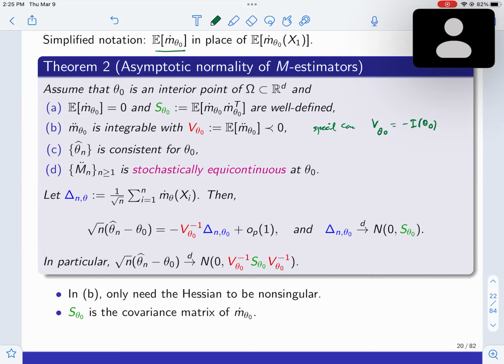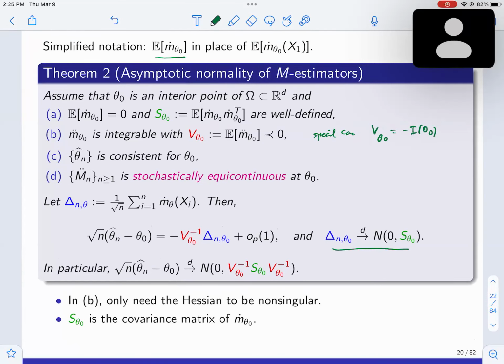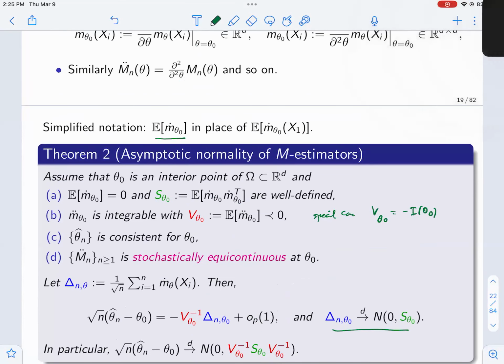This part should be sort of clear. Why is that clear, if delta n is defined like that? That's the CLT. Basically, the first condition is saying this is a 0 mean random variable. So fix theta naught. Let me do a calculation.